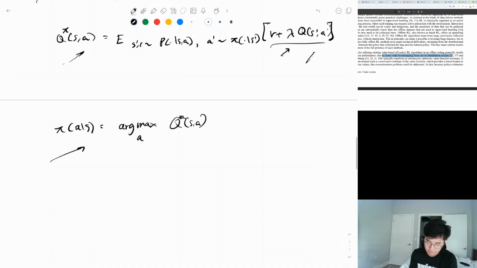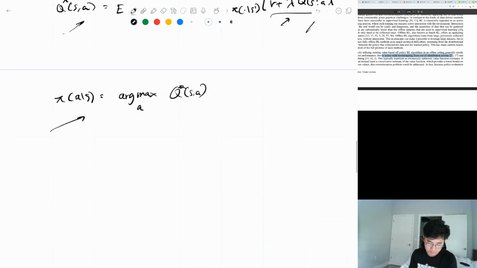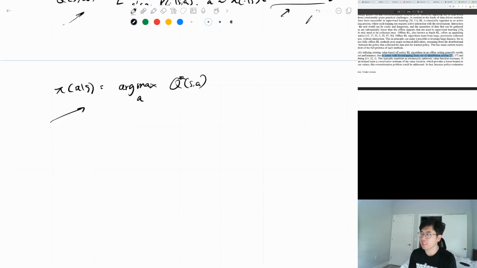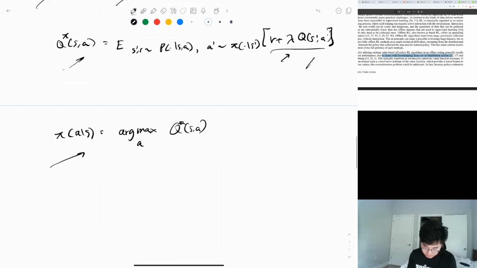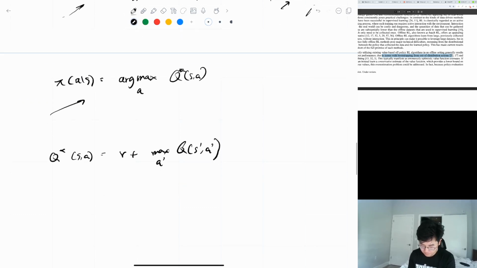This is not the Bellman optimality, but if you have a perfect Q function, your optimal policy will be given by this. In the Bellman optimality, it's a similar equation: Q(s,a) equals r plus max over a prime of Q(s prime, a prime). This is the optimality equation.